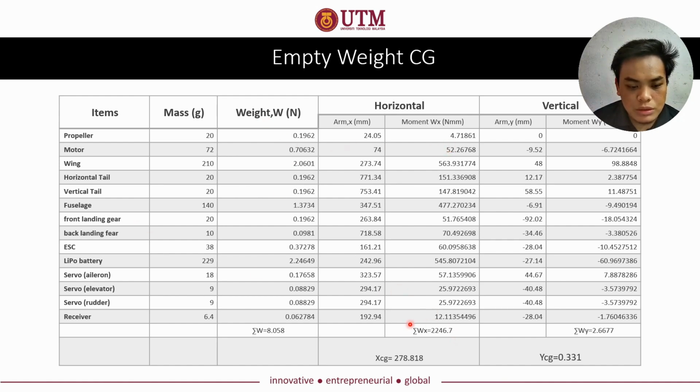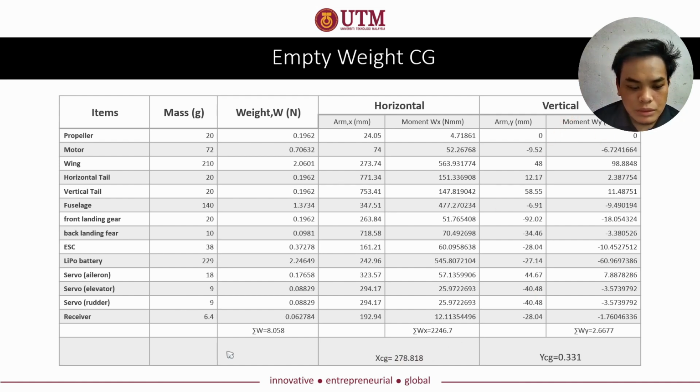And we can sum up the moments. In order to find the horizontal CG, we need to divide the total moment by the total weight, and we can get the horizontal distance for CG. And for vertical, we do the same thing.